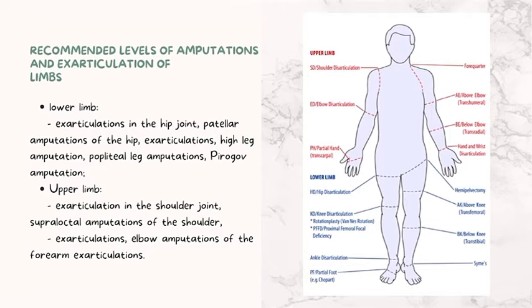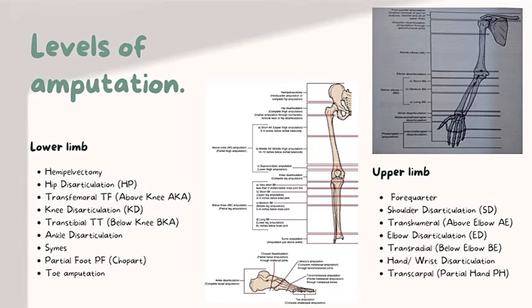Then we have recommended levels of amputations and exarticulation of limbs. For the lower limbs, we have exarticulations in the hip joint, supracondylar amputations of the hip, exarticulations, high leg amputation, popliteal leg amputations, and Pirogov amputation. For upper limb, we have exarticulation of the shoulder joint, supracondylar amputations of the shoulder, exarticulations, elbow amputations of the forearm, exarticulations. We have several levels of amputation.